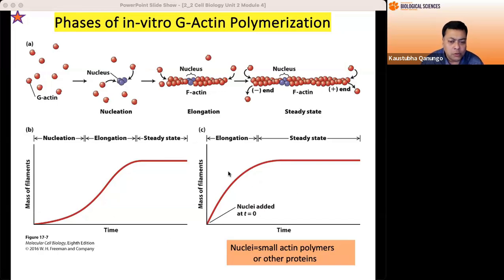You measured those and plotted the graphs, and you see that there are two types of graph from these two experimental setups, without nucleus and with nuclei.